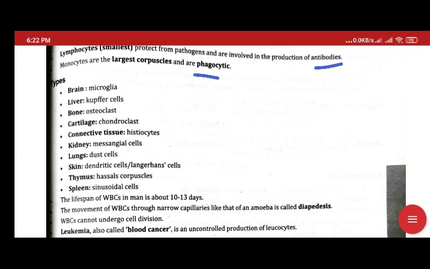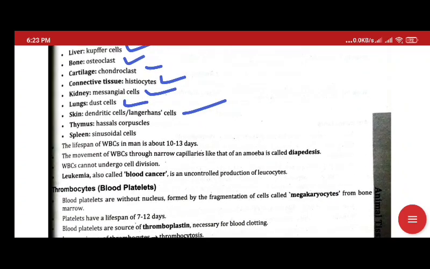Now the types of monocyte, meaning phagocytes that engulf debris or other antigens: in brain, microglia; liver, Kupffer cells; bone, osteoclast; chondroclast; connective tissue, histiocyte; kidney, mesangial cell; lungs, dust cell; skin, Langerhans cells; thymus, basal corpuscle; spleen, sinusoidal cells.